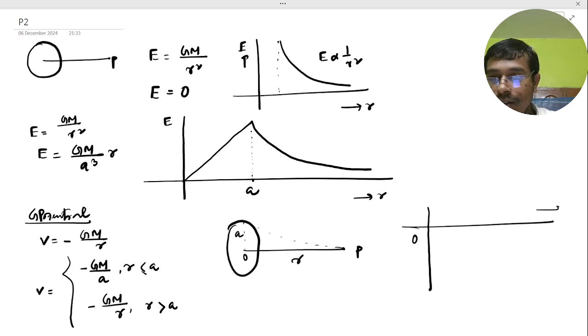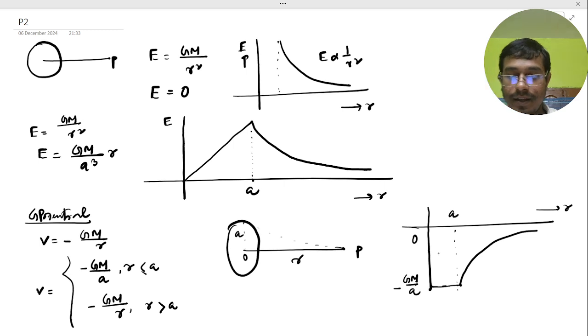This is the origin and R, and this is a point. So basically the graph would look like that, and this value would become minus GM by A. So basically here A is the point.